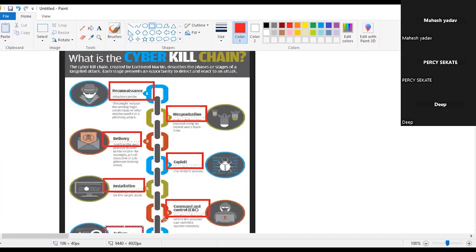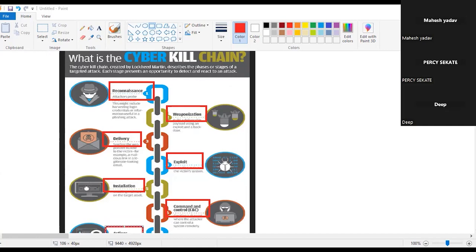So these are the 7 steps. So again, reconnaissance, gathering information about the target; weaponizing, build a malware, a customizable payload. Then third comes delivery. They send this to the user using email, phishing, or advertisement mail.